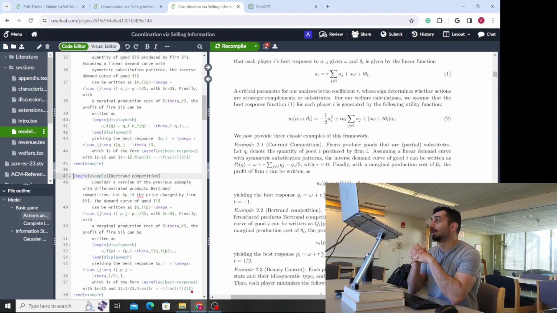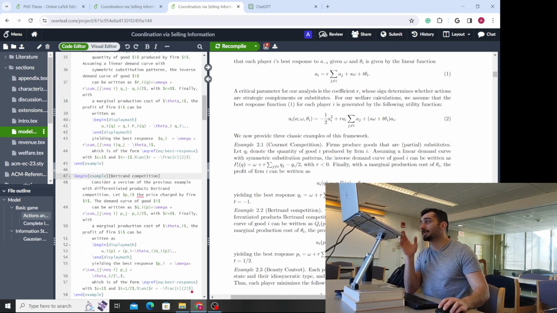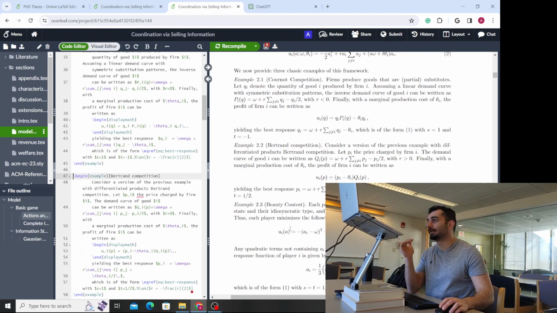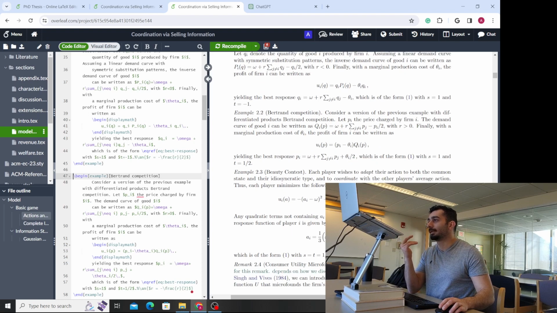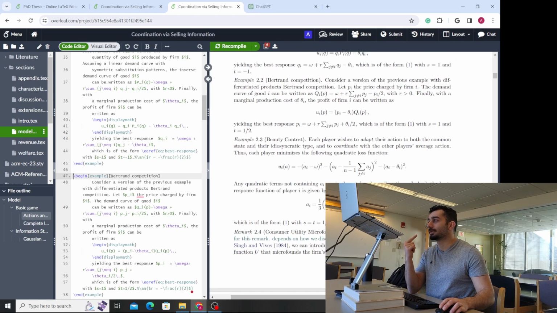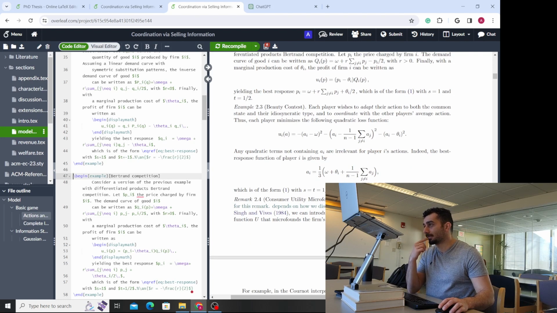So, because they have the same sign, there is no point having a graph for Cournot or having a graph for Bertrand. Let's see if beauty contest gives us a new one. No, in beauty contest also R and T are the same sign.